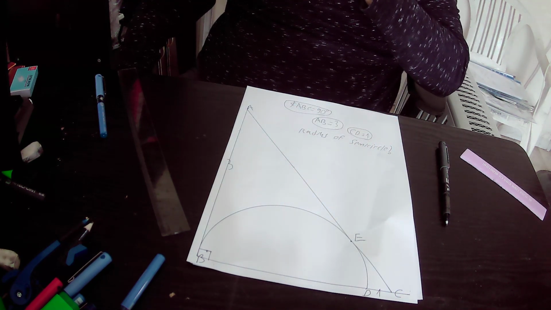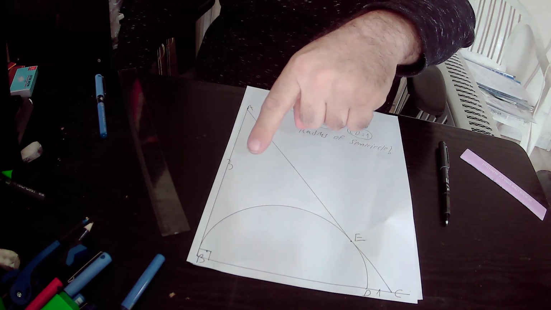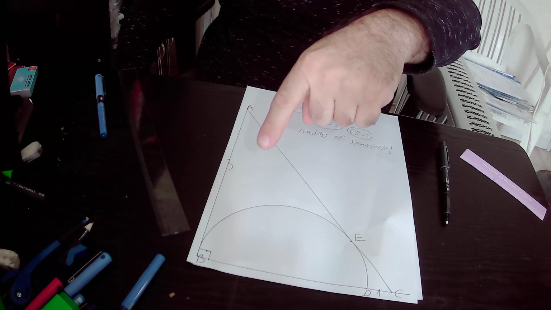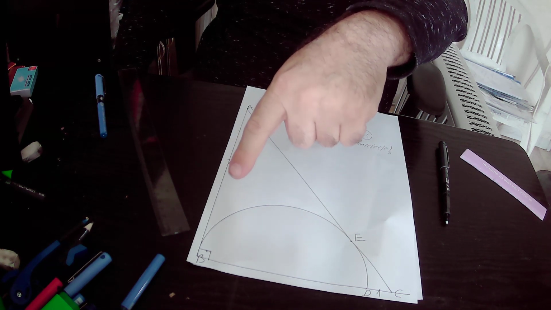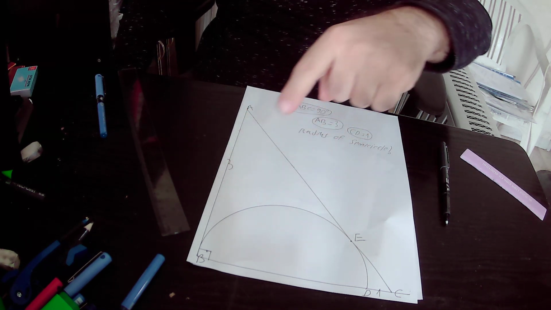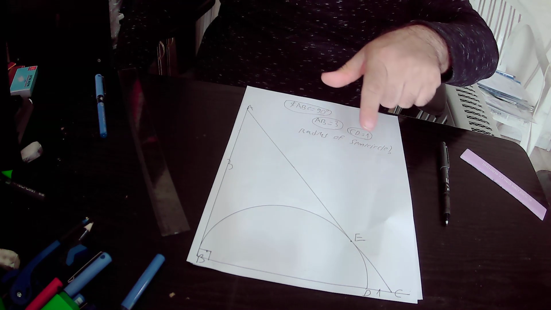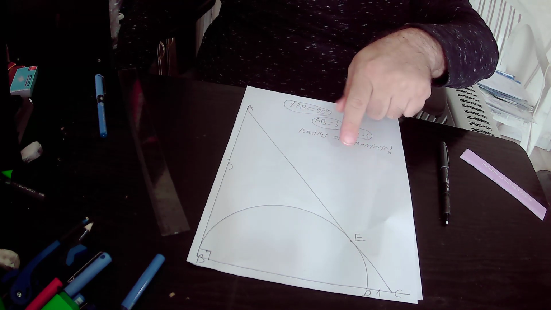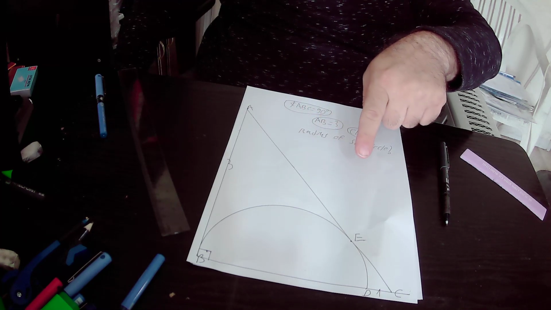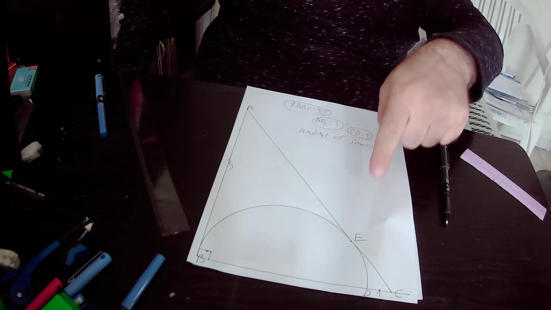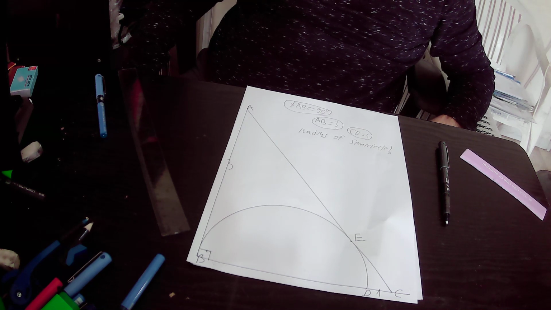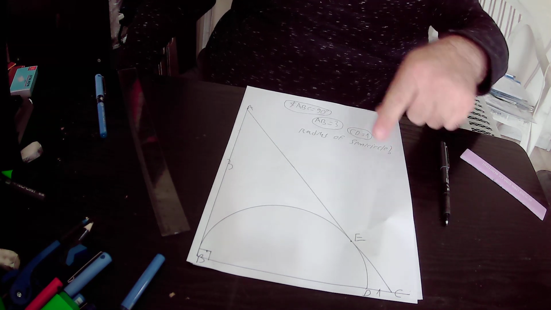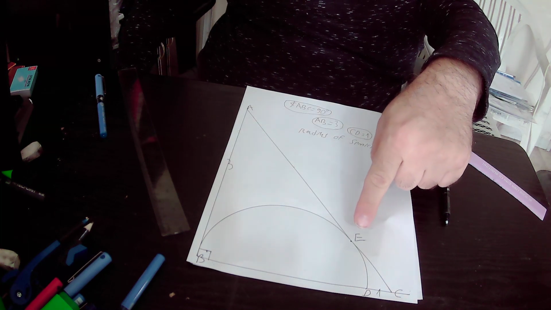Actually, side AB of triangle ABC is tangent to the semicircle at point B, and line segment AE is tangent to the semicircle at point E. Point E is the touching point between tangent AE and the semicircle.